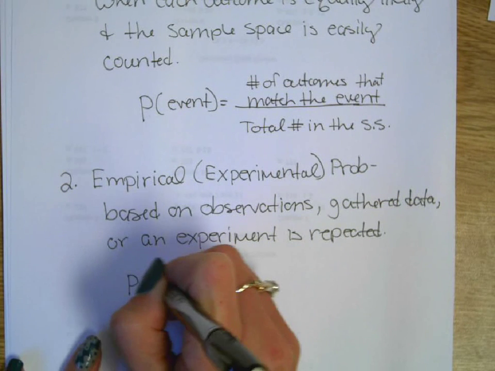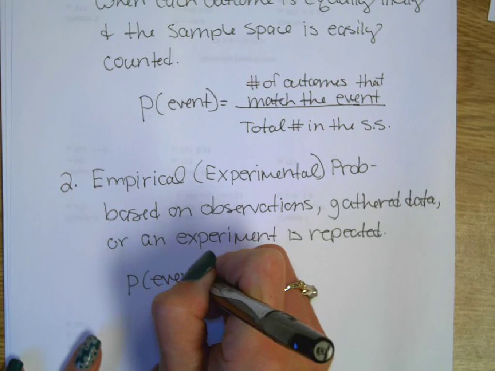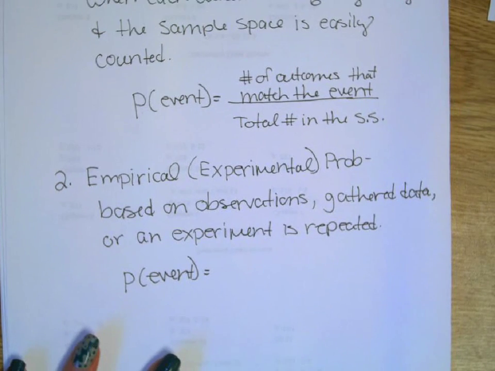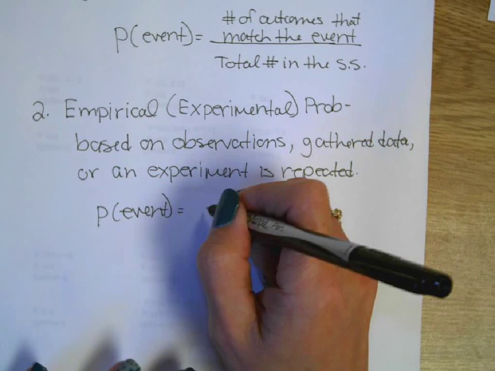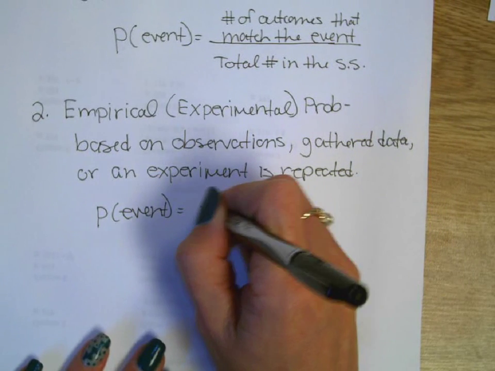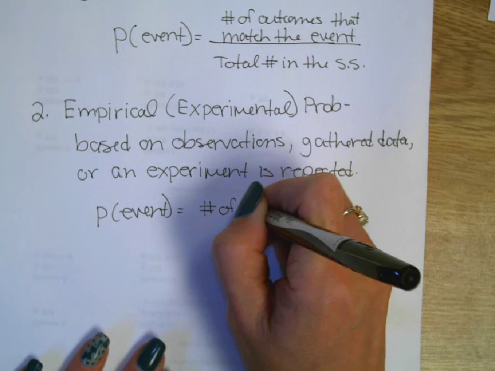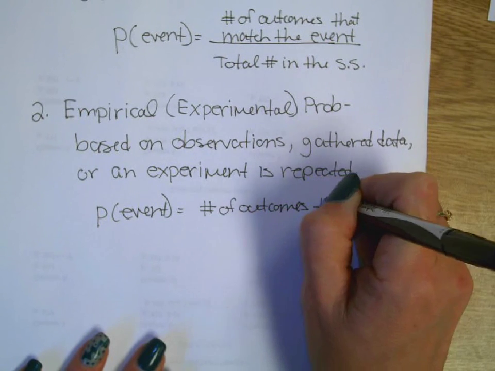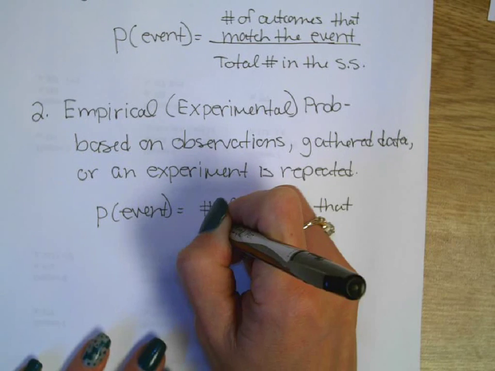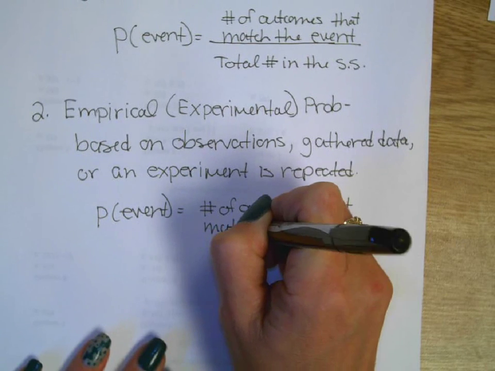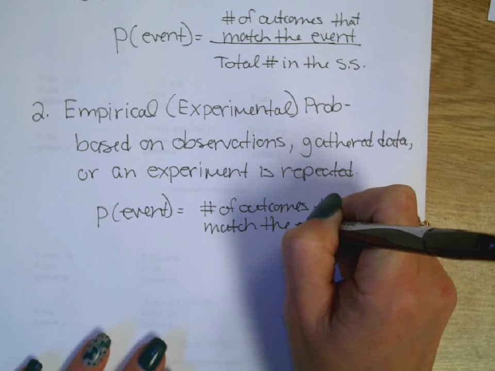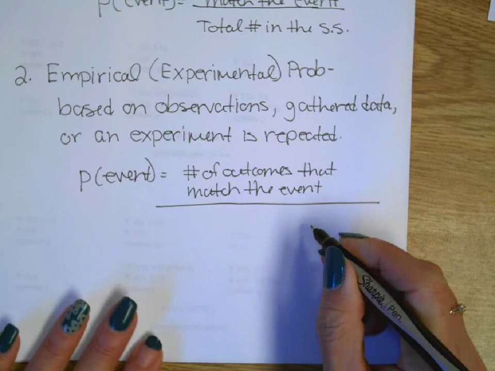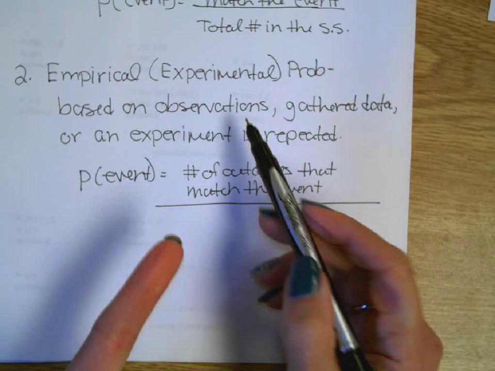So the probability of an event here, the top number, again, the number of outcomes that match the event, divided by, and your bottom number is, well, how many people did they talk to?